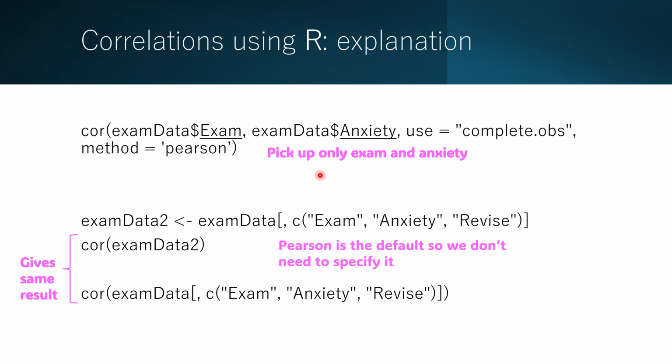This is the explanation. This is picking up only exam and anxiety. Pearson's correlation is the default, so we do not need to specify it. This one and this one yield the same result.